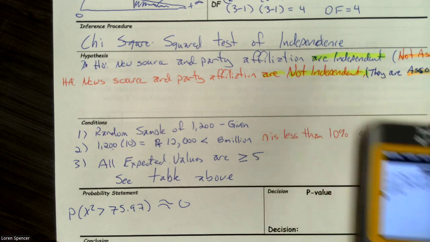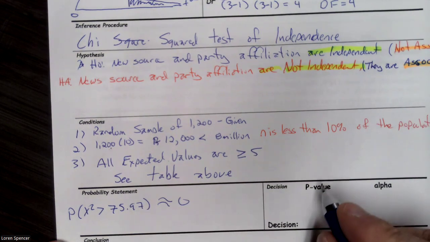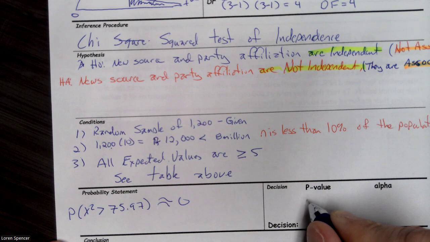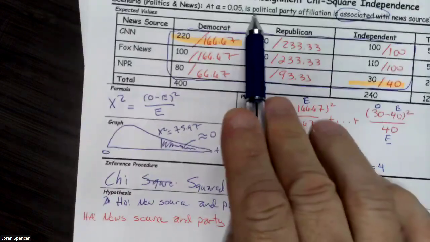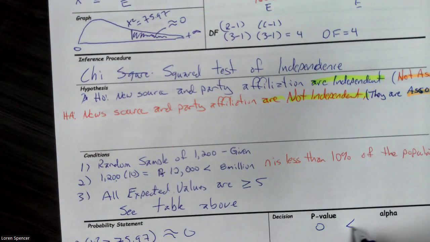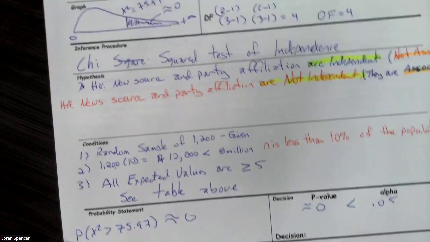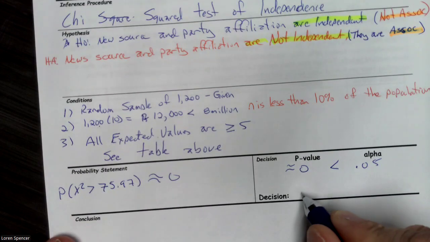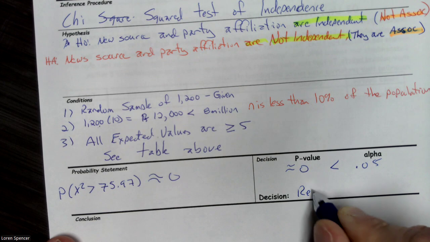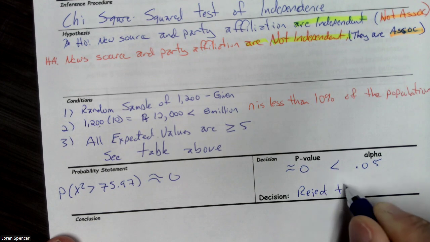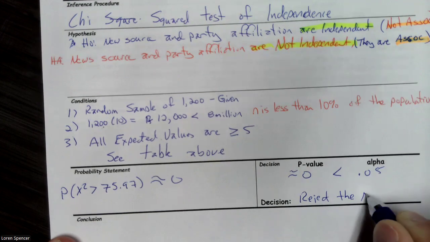That means 14 zeros in front. So this is going to tell me that my p-value is approximately 0, and alpha is 0.05. A little approximate sign. Decision. We're going to reject the null. That is a very small p-value getting rejected.